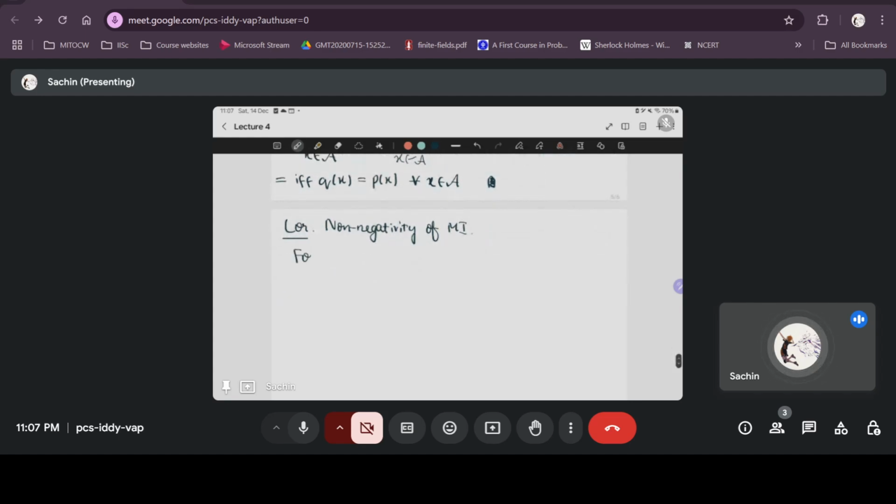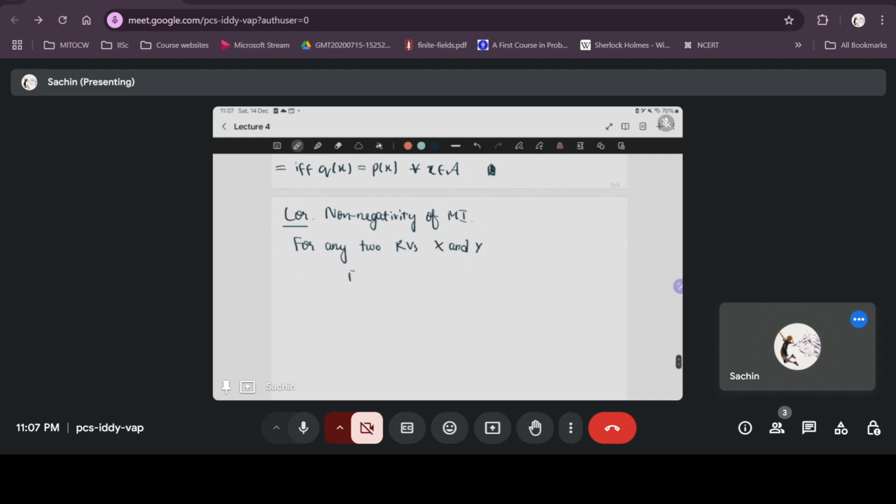For any two random variables X and Y, I(X;Y) is a non-negative quantity, with equality if and only if X and Y are independent.